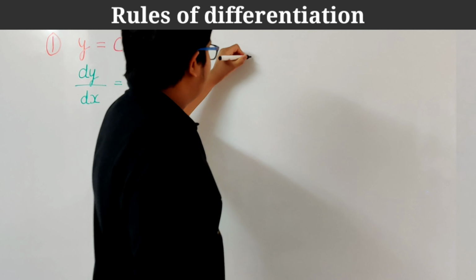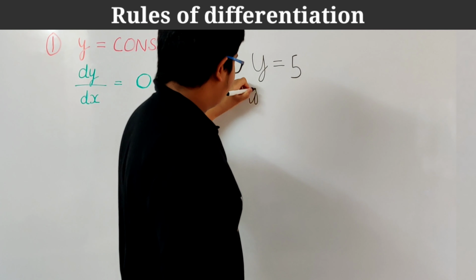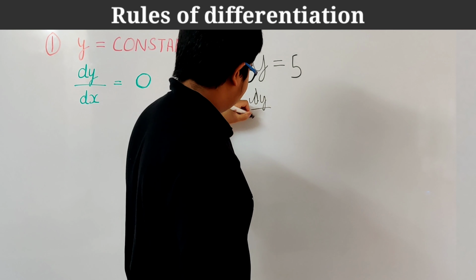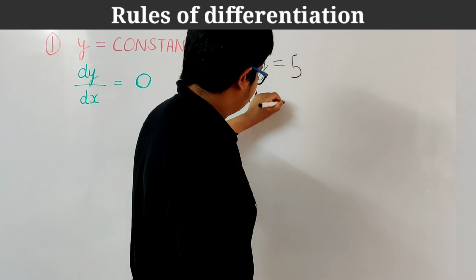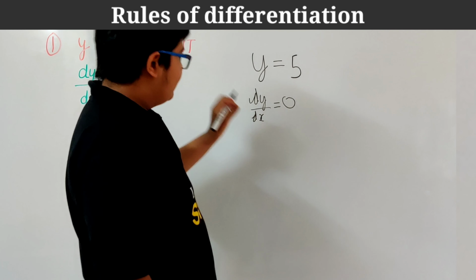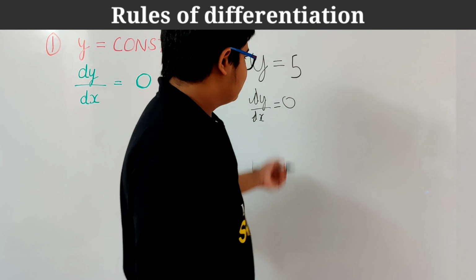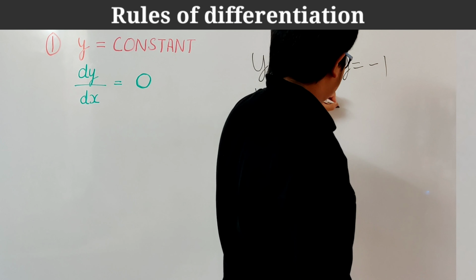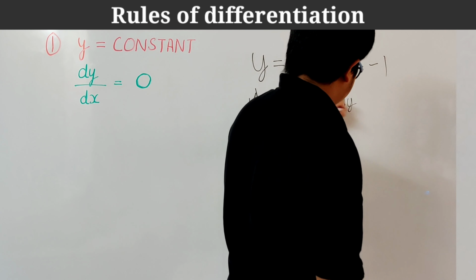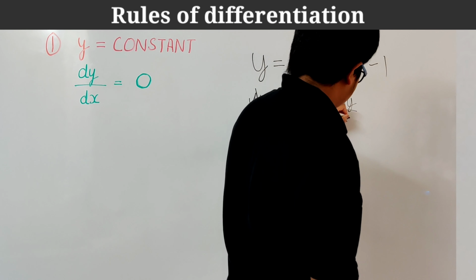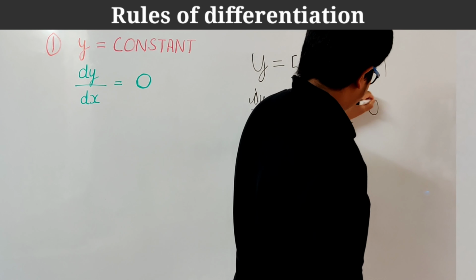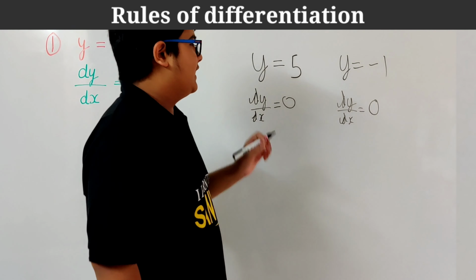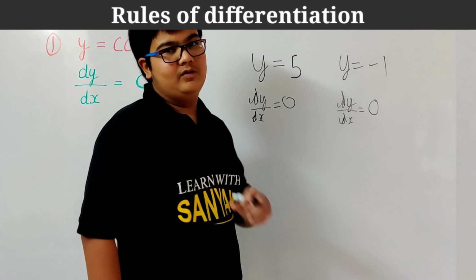As 5 is a constant, the value of dy upon dx will be 0. If y is any constant, let's take y equals minus 1, then again the value of dy upon dx will be 0. So if y is any constant, then the value of dy upon dx is 0.